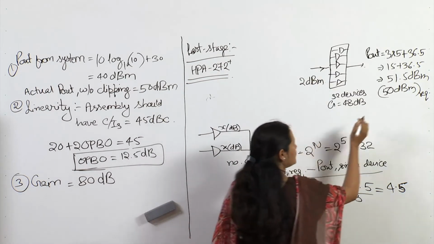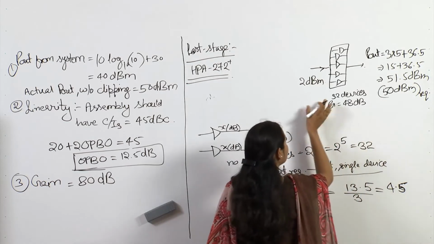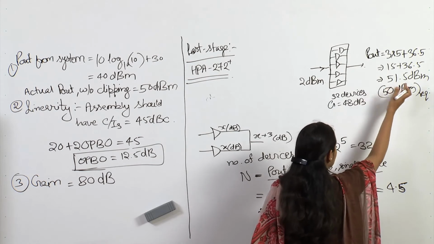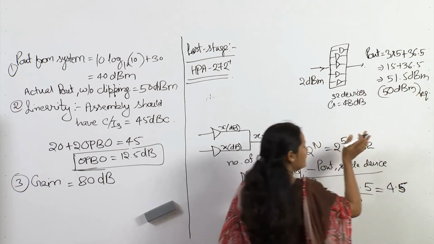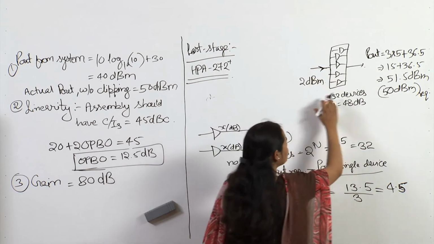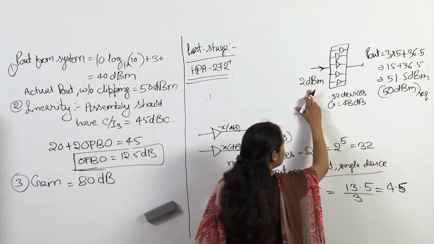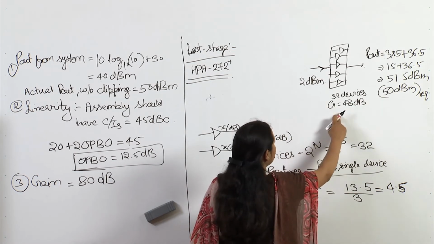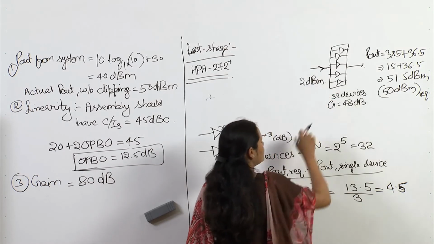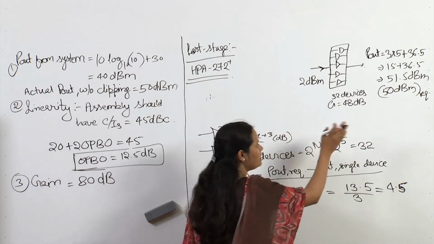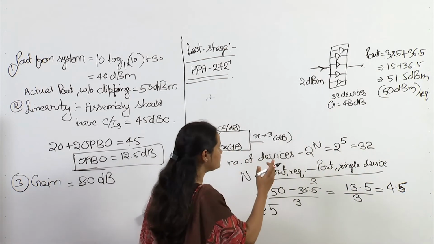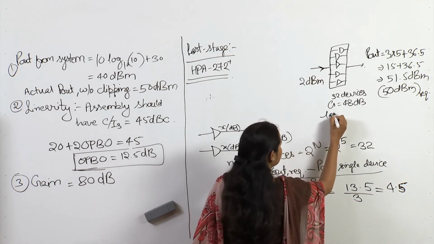Please note that we are doing all the calculation with respect to the required power. What we actually got, we are not calculating with respect to that, because it is a margin which we are leaving here. So, 2 dBm we want here. If we calculate with respect to 51.5, we will get, I think, 3.5 dBm, but it is possible that in some scenarios it will load some of this power amplifier. So, we will keep our calculation with respect to 50, and with that it will keep working on a back off. Now, the last stage is decided.